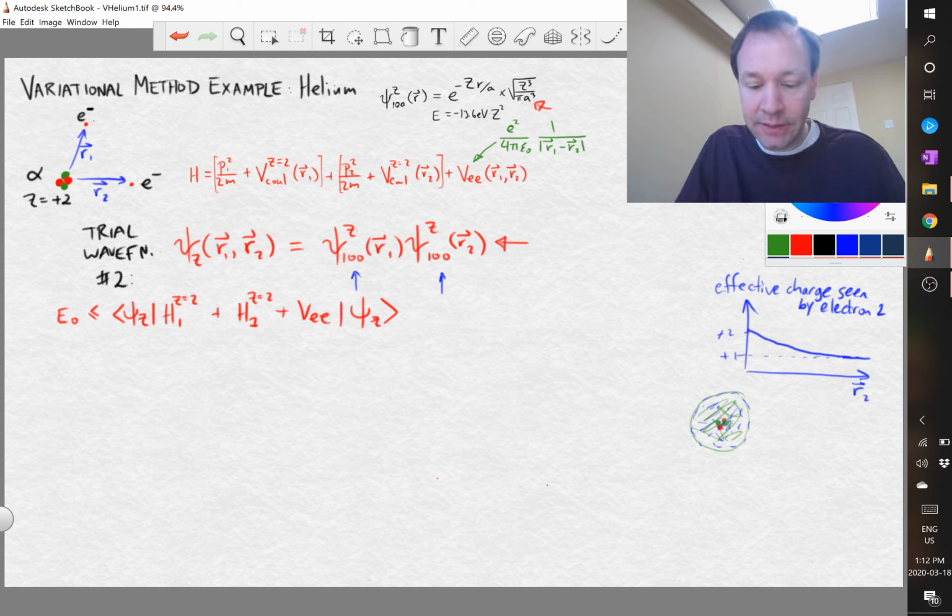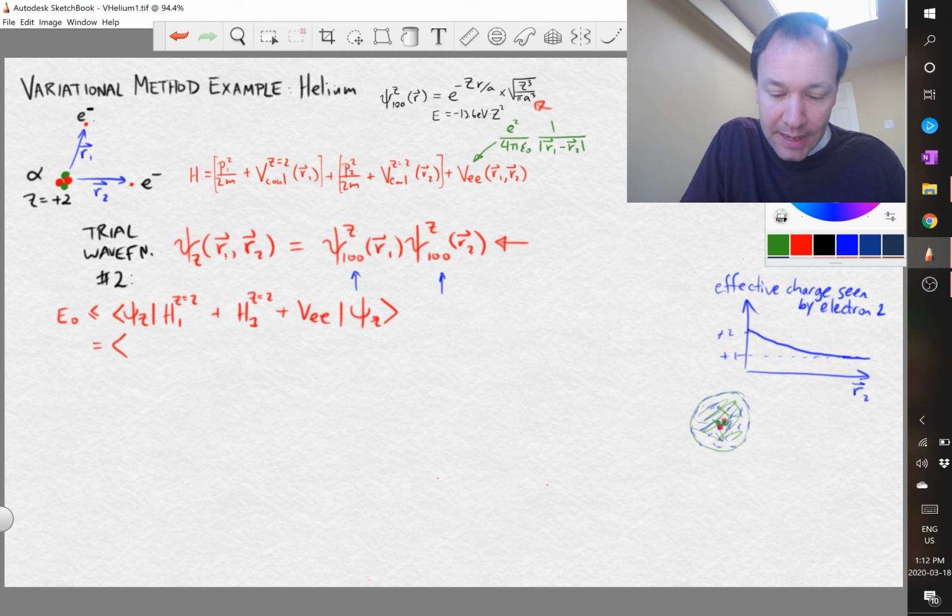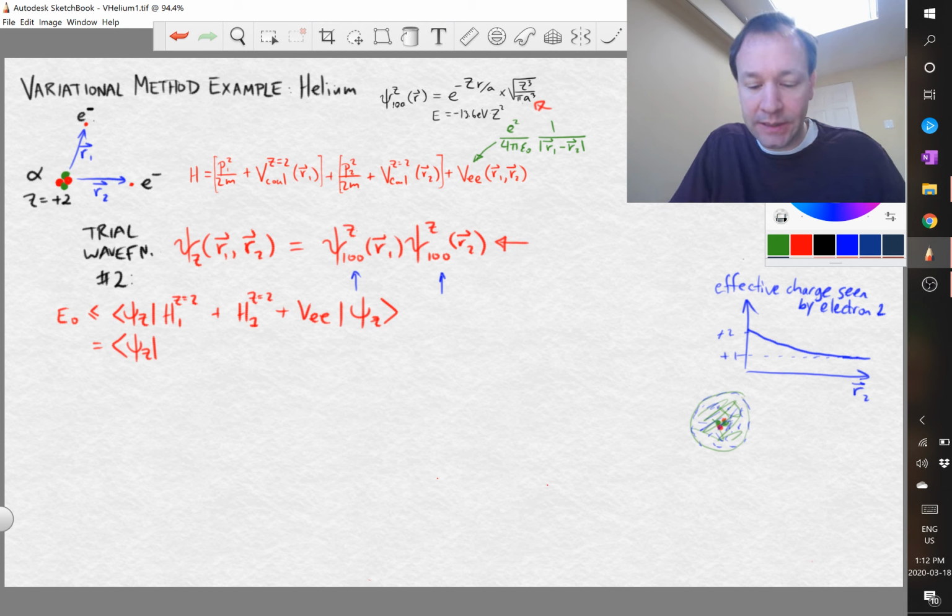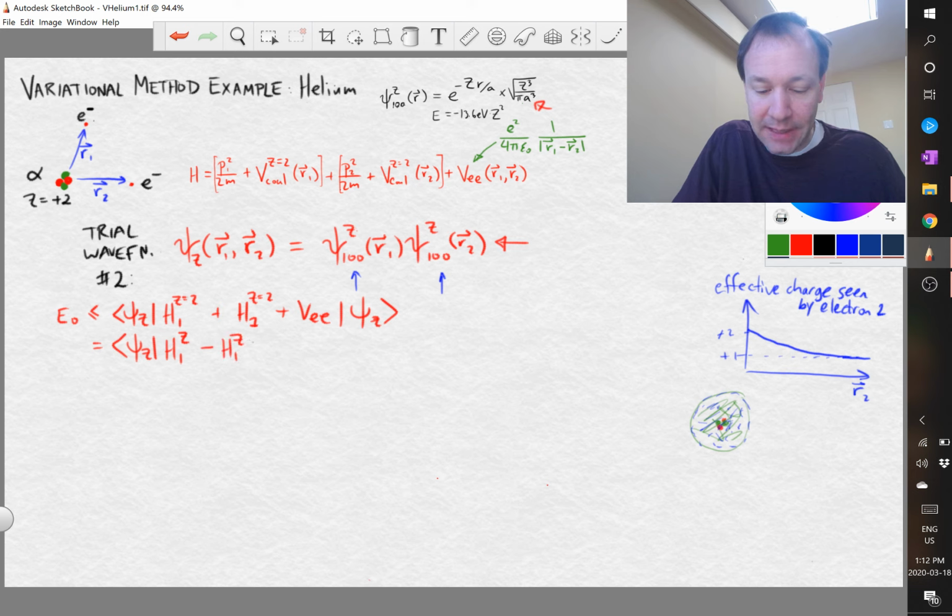But we can use a sort of mathematical trick. I'm going to rewrite this as the Hamiltonian H1Z, where Z matches the value of our wave function, and then subtract that off and add the thing we actually have.